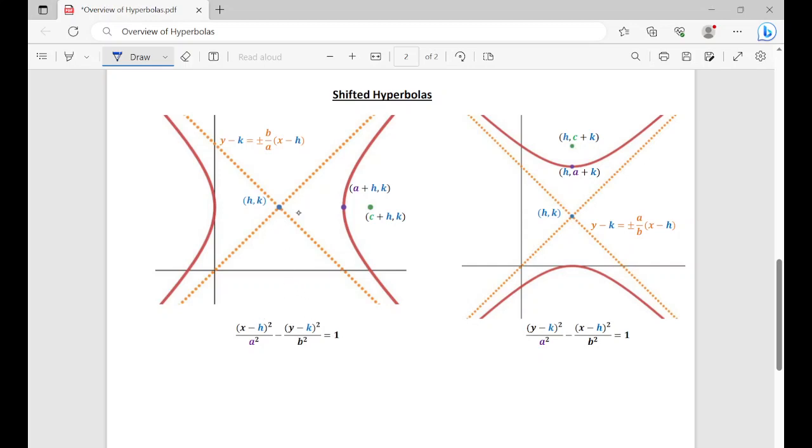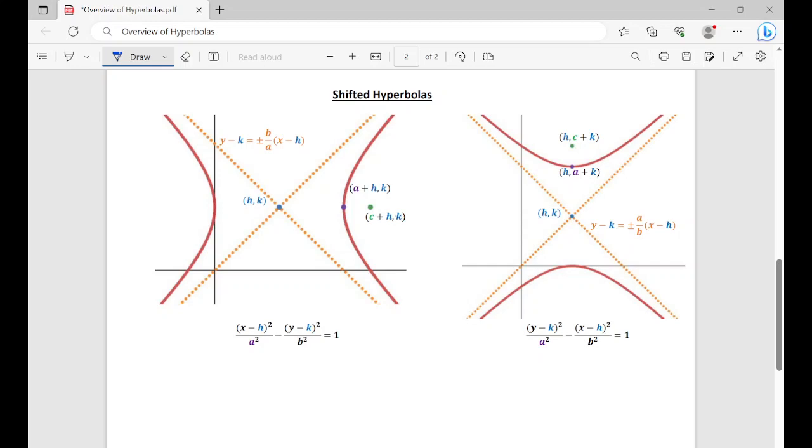The vertices can be found by just finding what they were normally centered at the origin. And once you do, you can just add h and k to the x and y value respectively. Same thing with the foci. Find out where it normally would be when it's centered at the origin, and then just add h and k to the x and y value to find out where it's been shifted to.